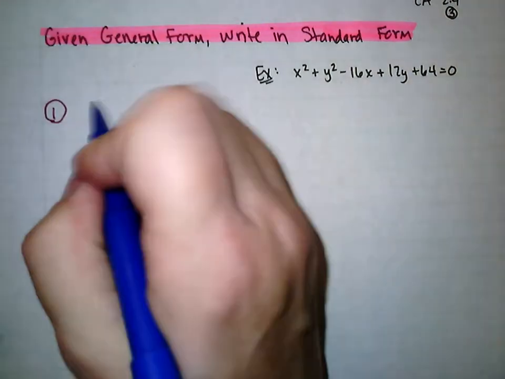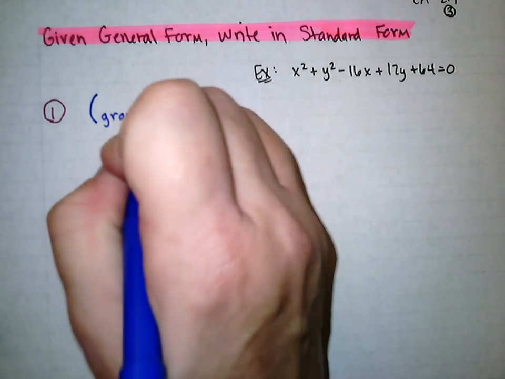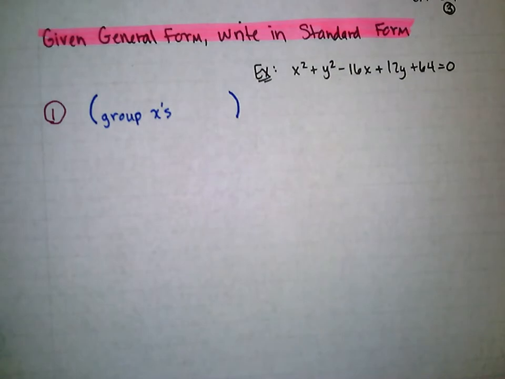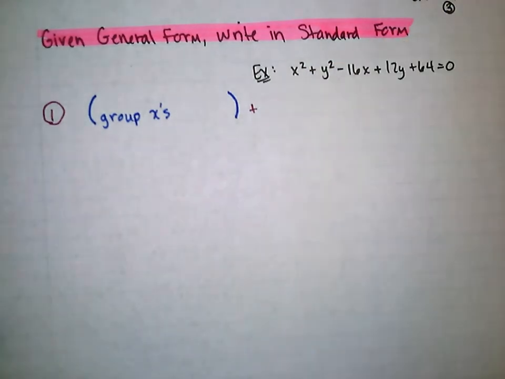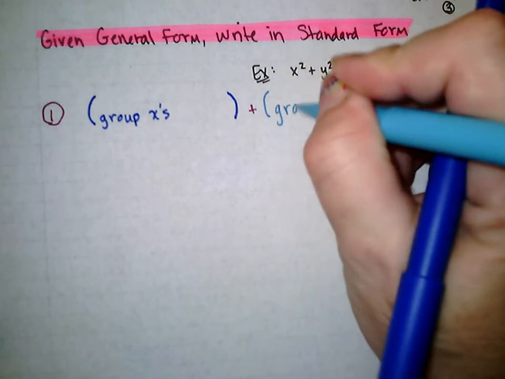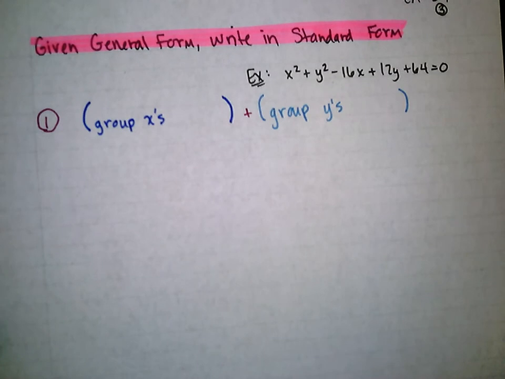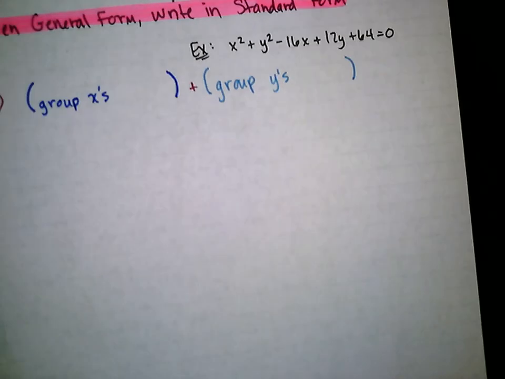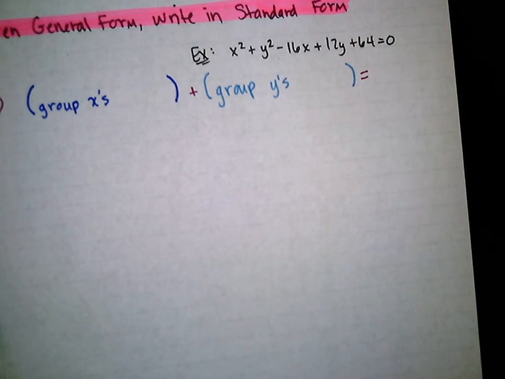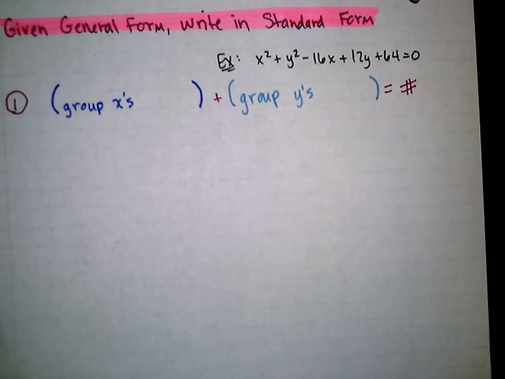So we want to get a parenthesis where we group our x's, and then another parenthesis where we group our y's, and then we want it to equal the constant term. So in this case, that 64 is going to be moved over.